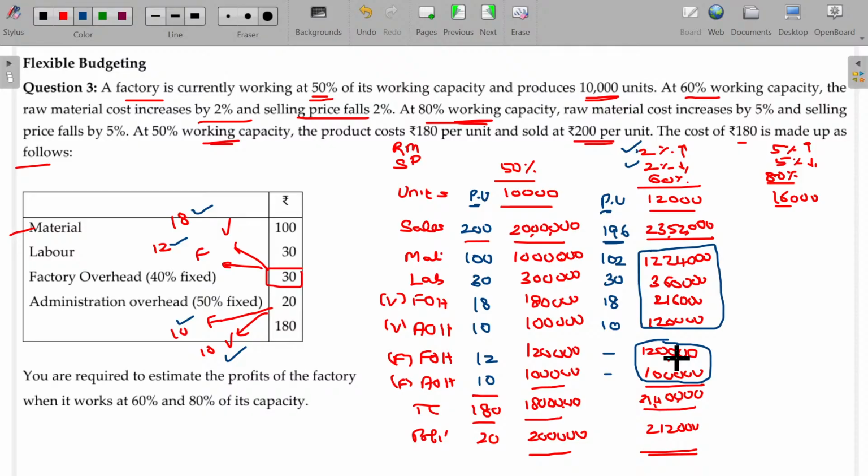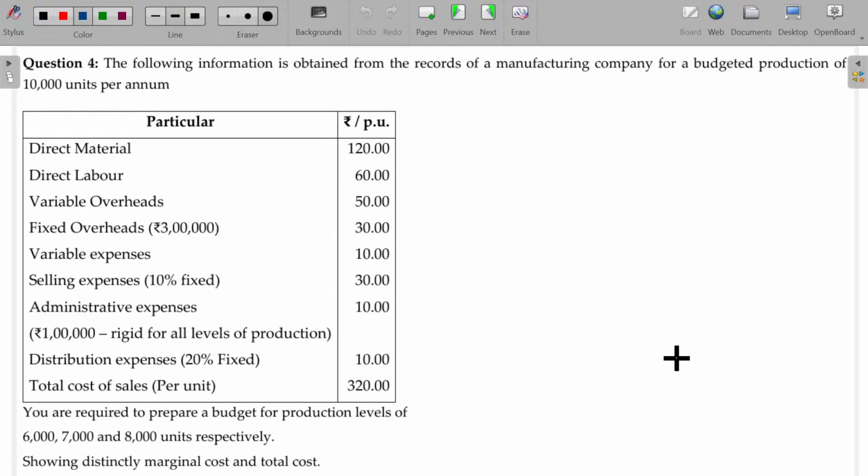She did the answer correctly, but almost 50% of the marks were reduced. 7 marks question, she got only 3 marks because in the question they have clearly stated what is the total variable cost, what is the total fixed cost, what is the total cost. She did everything the way I have solved here. So read the question; what they ask should be there in your answer. Here nothing is stated, so never bother about that.